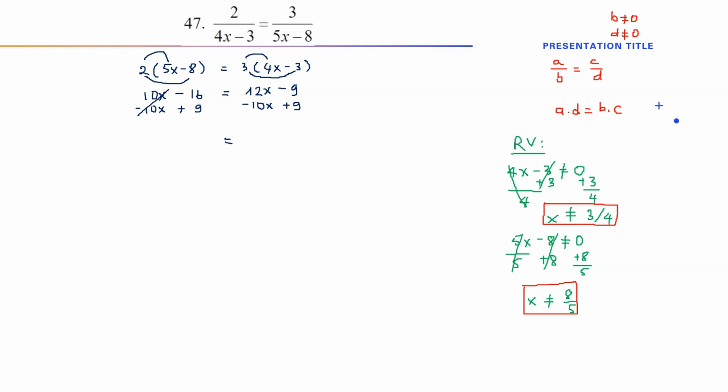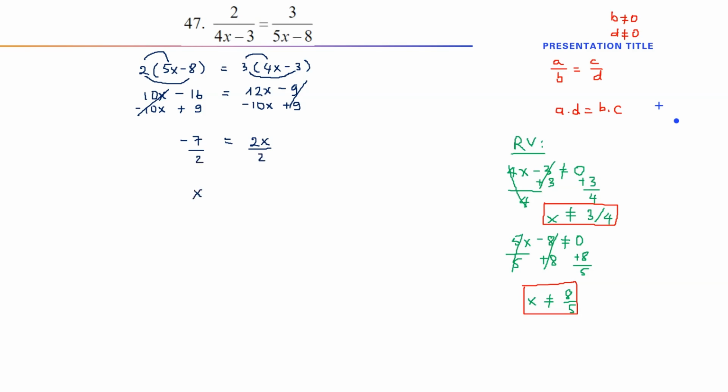Negative 16 plus 9 is negative 7. 12x minus 10x is 2x. And 9 minus 9 is 0. Now divide both sides by 2.